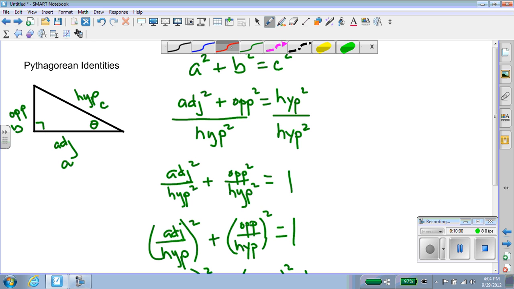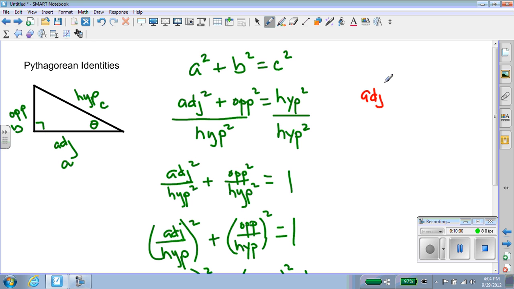we had divided both sides by adjacent squared. We would have gotten adjacent squared divided by adjacent squared plus opposite squared divided by adjacent squared equals hypotenuse squared divided by adjacent squared.